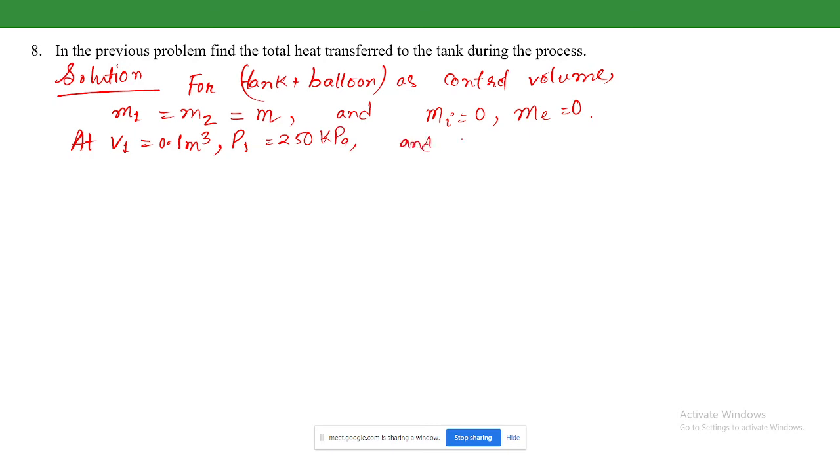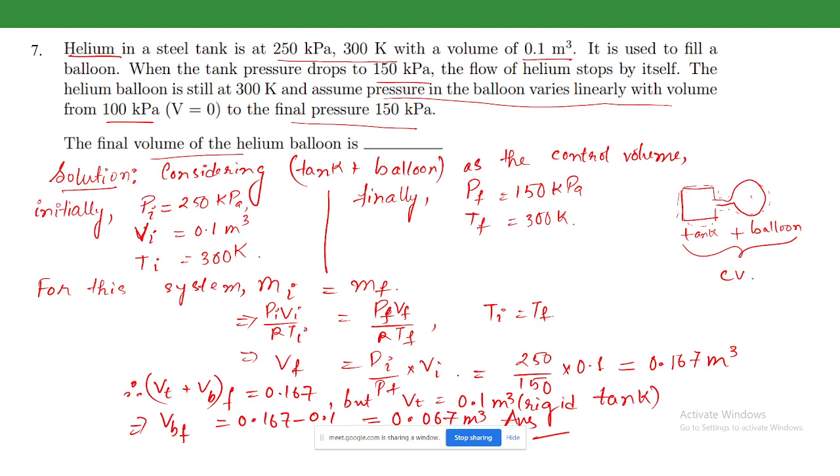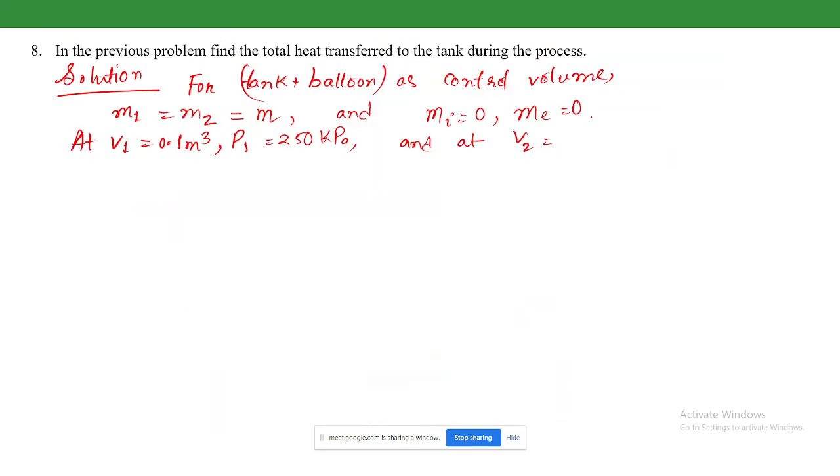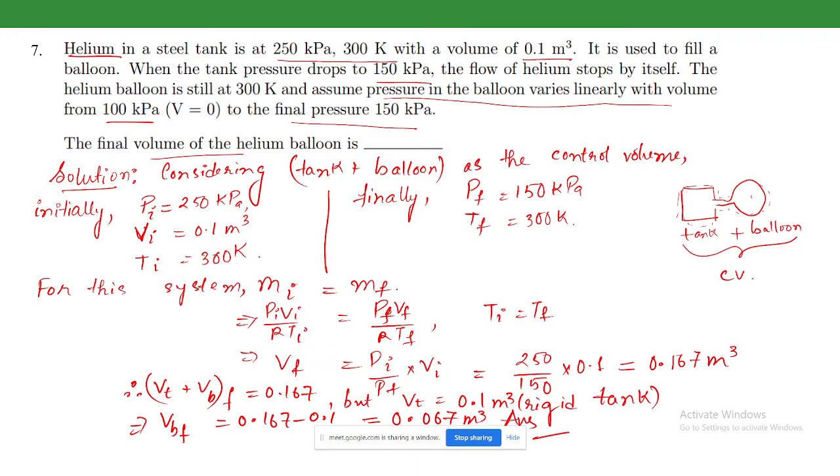And at V2, that is the final volume we have found, this is a total volume. We are considering the total volume of the system. So 0.167. Then the final pressure throughout the system is 150 kPa.